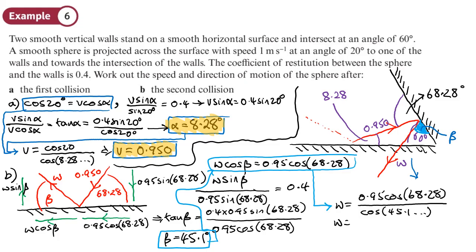So 0.95 cos 68.28 divided by cos answer, and I get an answer to three significant figures, 0.4982205. So three significant figures, 0.498, and remember this was a speed we were working out if we've forgotten what we were doing. So just highlight that so that you can see your final two answers.